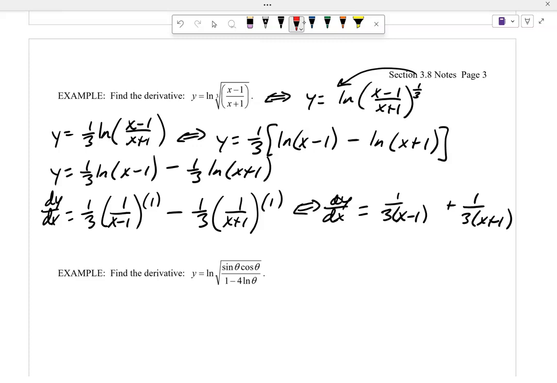And so I'm going to go ahead and give this one an x minus 1. Let's get a common denominator. Give this one an x plus 1. So our dy dx ends up being x plus 1 plus x minus 1.